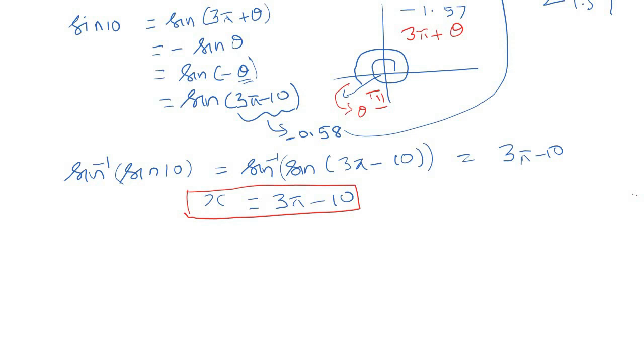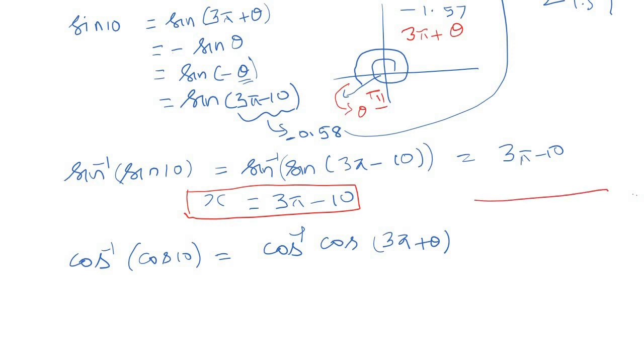We have to now find out cos inverse of cos 10. That is cos inverse of, as before, cos of 3 pi plus theta. Now the cos function, just to find its inverse, should have a restricted domain. It should be from 0 to pi.